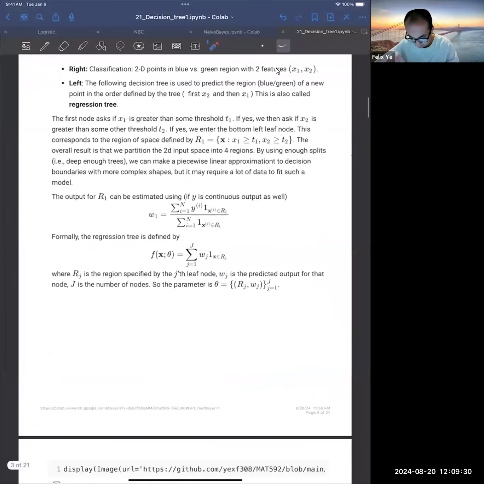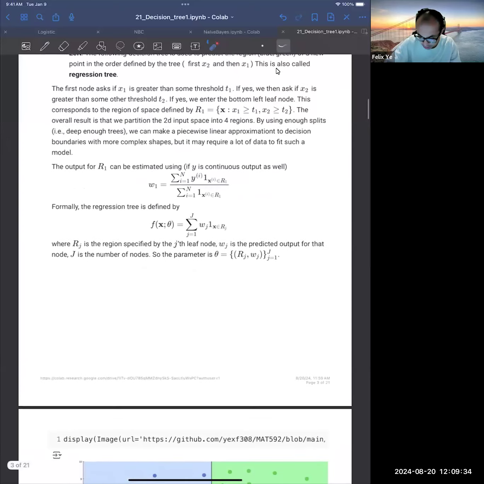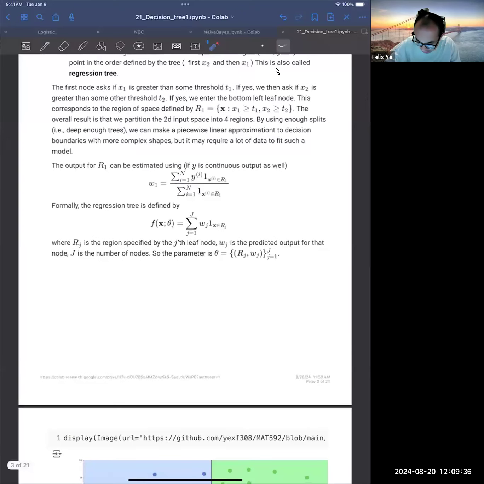Okay. So you can see the whole idea of this first node is that we want to check whether this feature is greater than a certain threshold. If yes, then we ask whether the second feature is greater or less than the threshold.